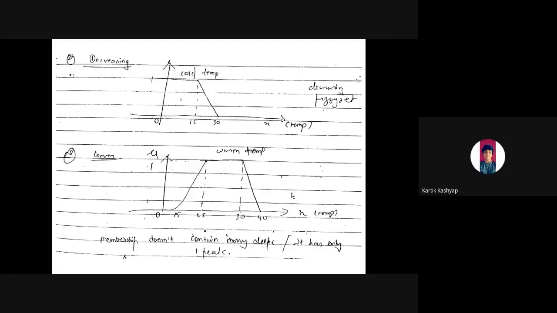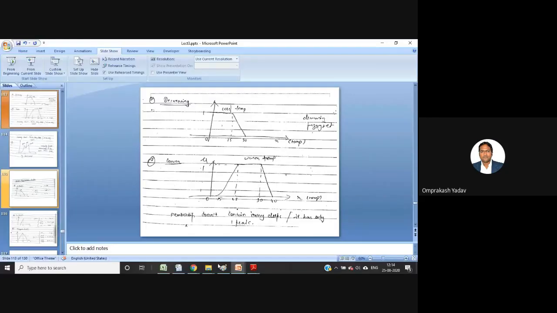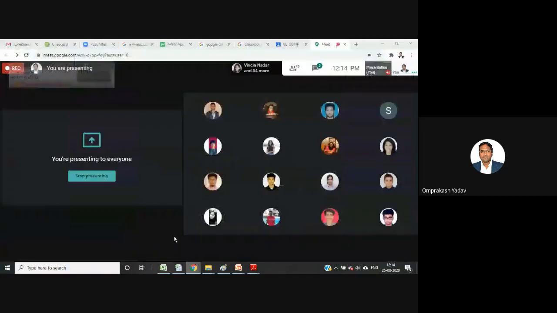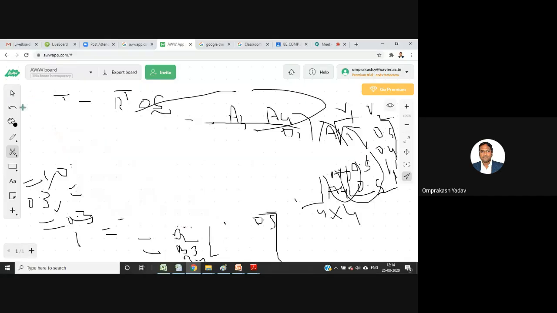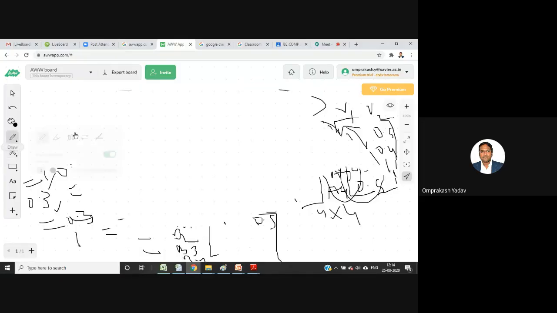So what do you mean when you say dip? Just a minute, I'll show you. If I say dip, first of all, just see, this is a convex because there is only one peak.